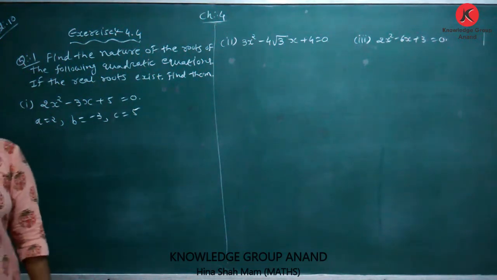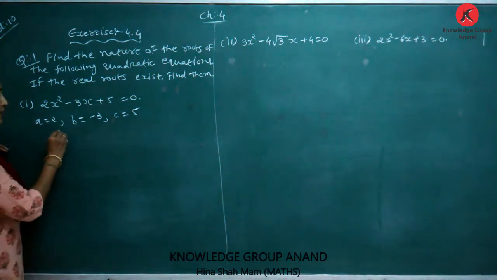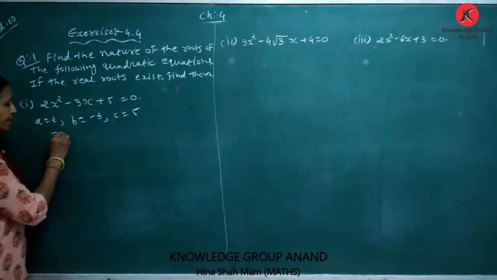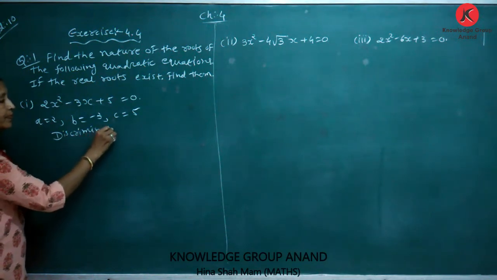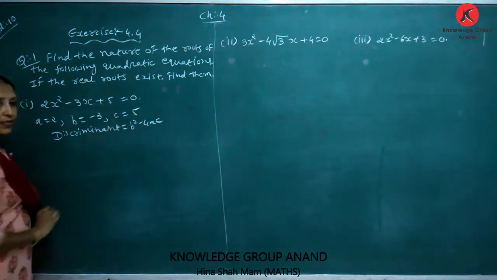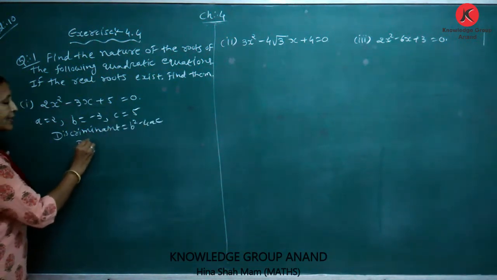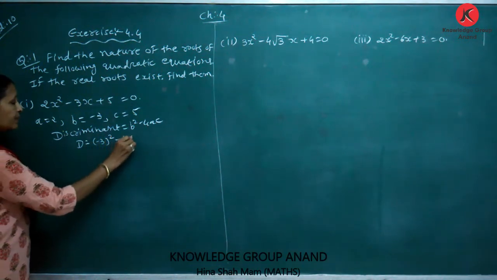What is our discriminant formula? D = b² − 4ac.